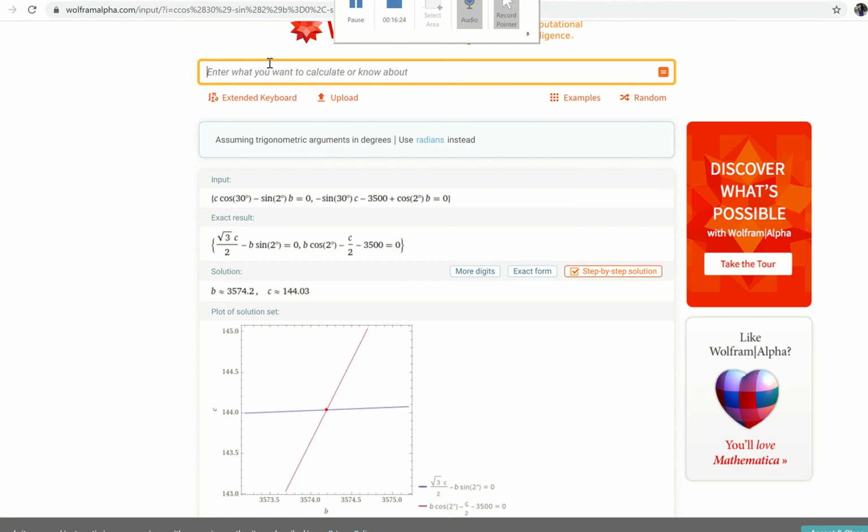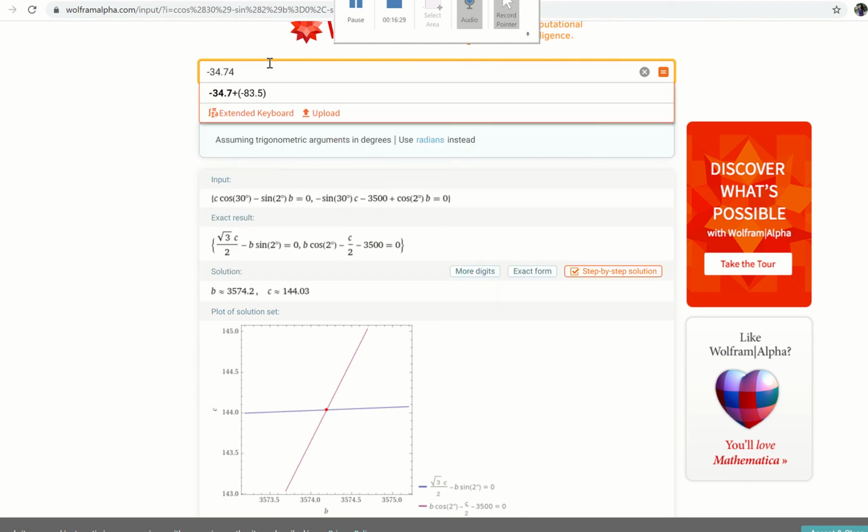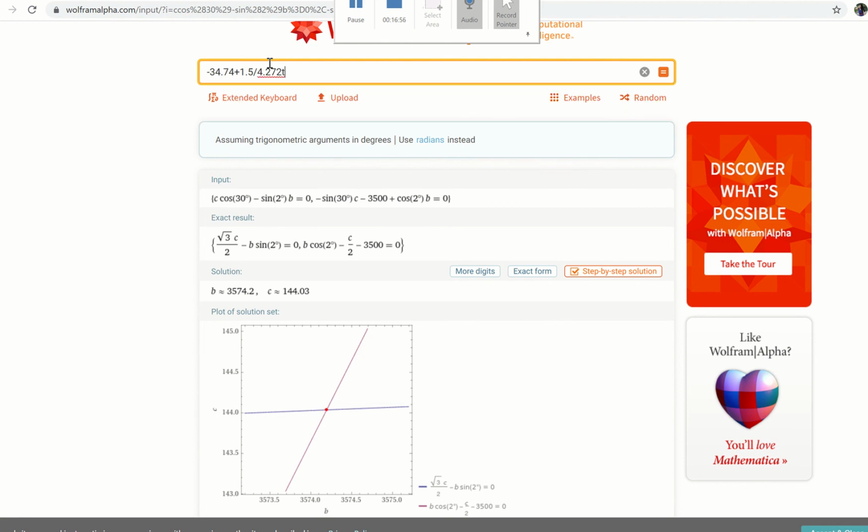So the first one is negative 34.74, then plus 1.5 over 4.272, then times TAC. Well, we cannot use two symbols with the same letter, I mean two different letters, so I'm just going to use T. That's my tension.